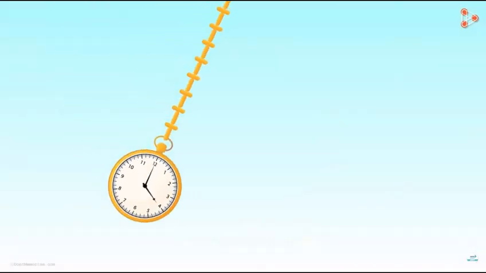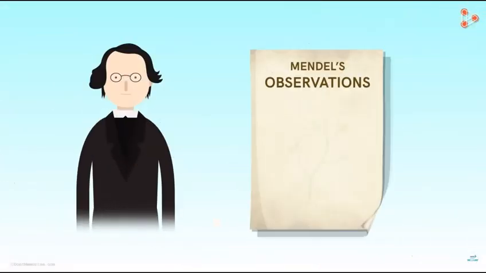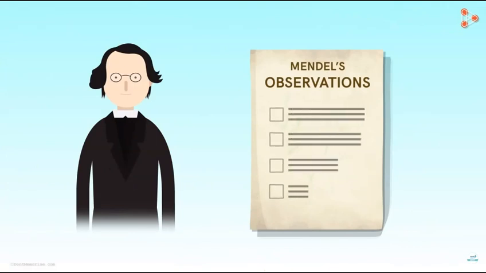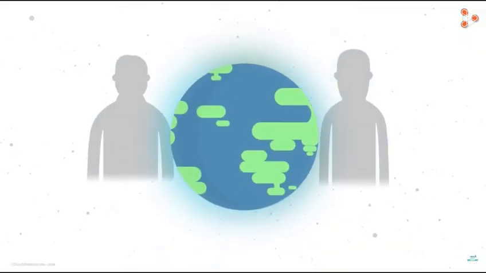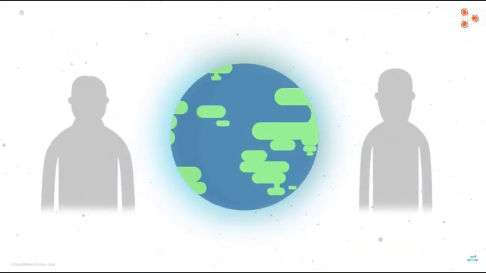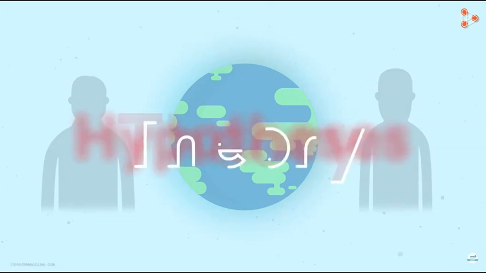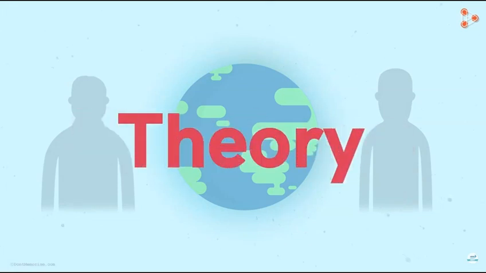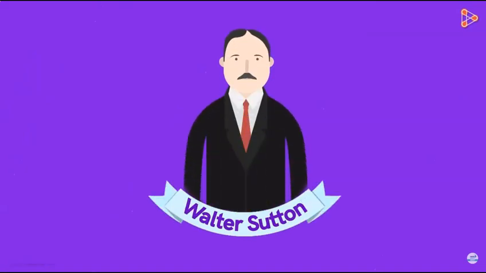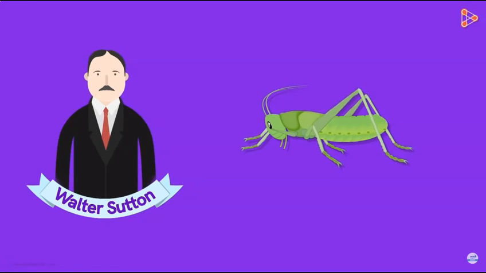During the same time, Mendel's long-ignored legendary work started gaining importance as many scientists started re-evaluating the results. There were two scientists from different parts of the globe who simultaneously put forth a few hypotheses. These hypotheses became a theory later, which is what we are going to study now. Walter Sutton, an American geneticist and physician, was working on grasshoppers.